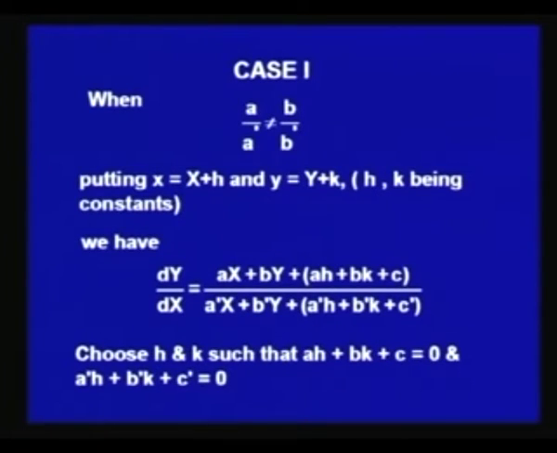Now, we will choose the constants h and k in such a way that ah plus bk plus c equal to 0 and a dash h plus b dash k plus c dash equal to 0. If we do this, then the differential equation will reduce to homogeneous form.